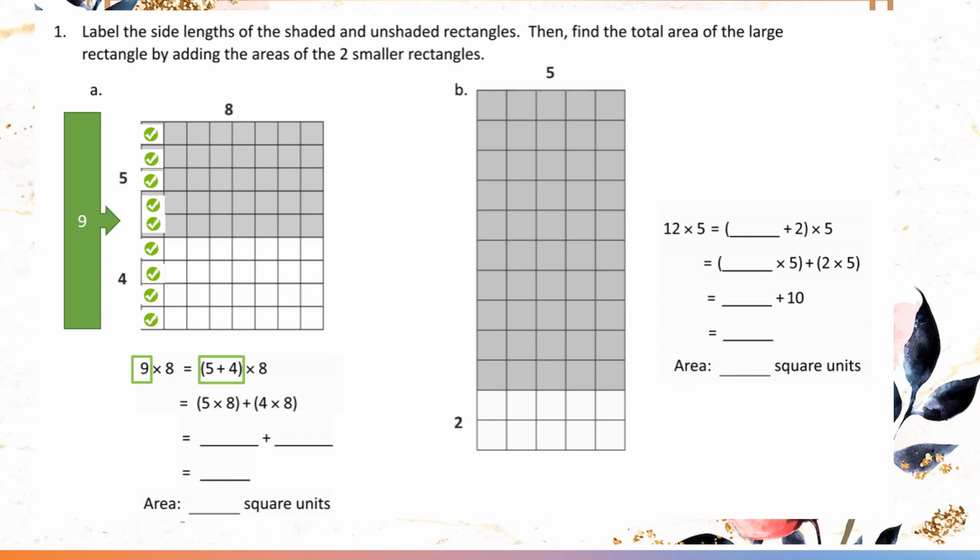So first we solve 5 times 8. What's 5 times 8? Well, if you said 40, then you're correct. And now we're going to solve 4 times 8. What's 4 times 8?